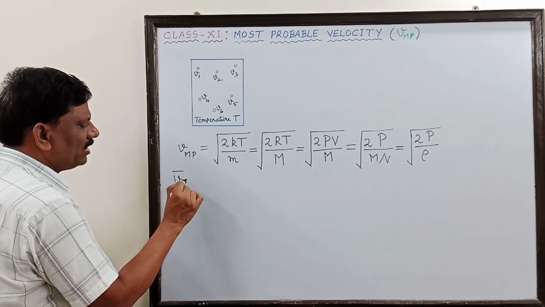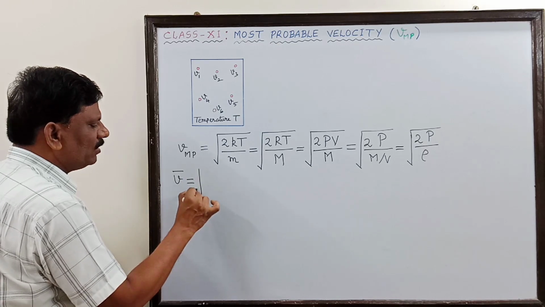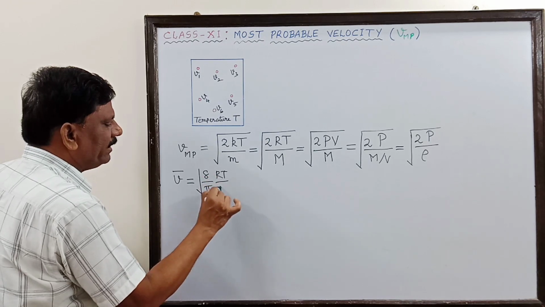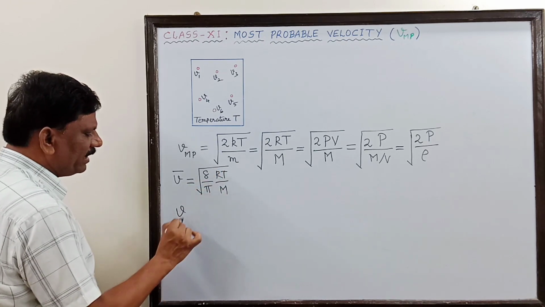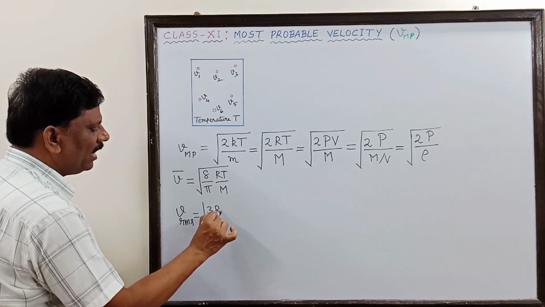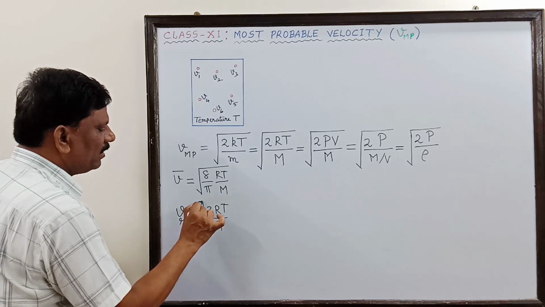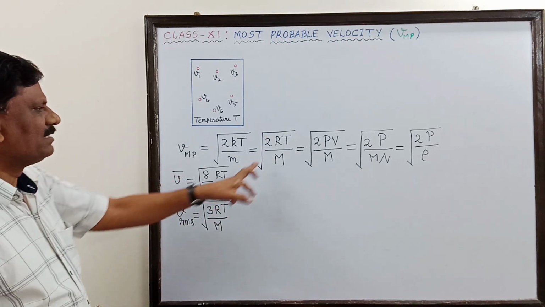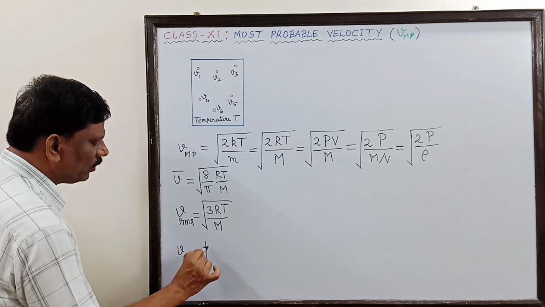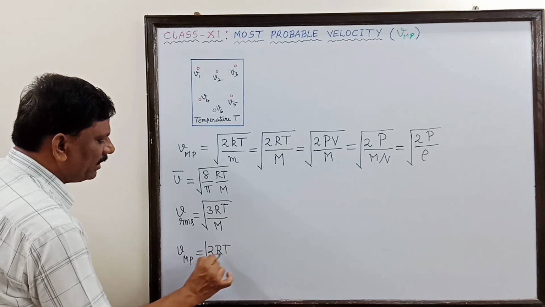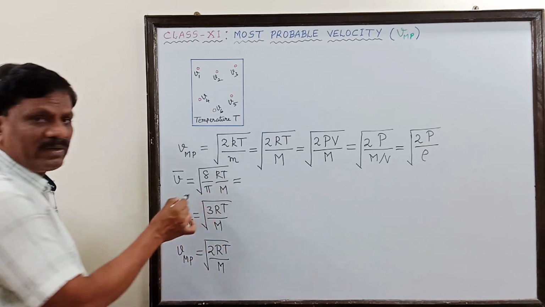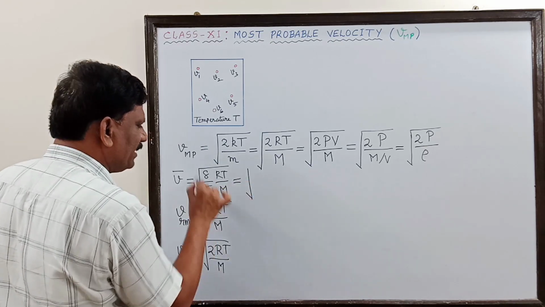So I will summarize once again. V average is equal to square root of 8 by pi RT by M, and V RMS is equal to square root of 3RT by M, and most probable velocity, once again I am rewriting here, VMP is equal to square root of 2RT divided by M. Now this 8 by pi also can be written as 2.5.